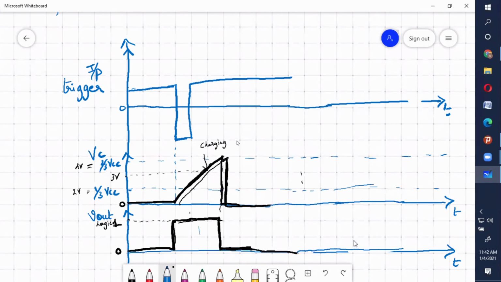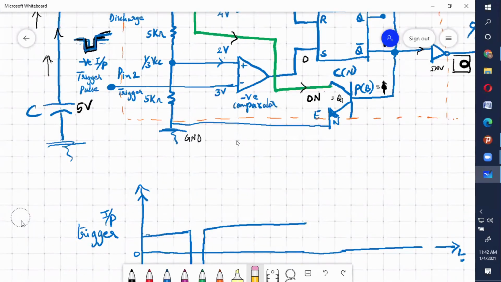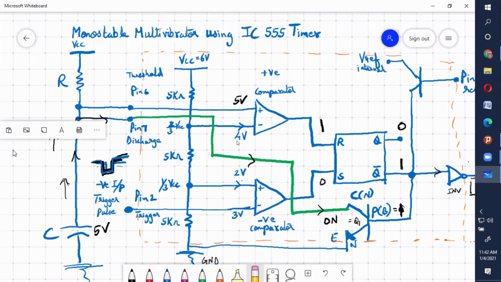Students, have you finished copying monostable multivibrator? You have any doubts? Students, shall we proceed to the next one?